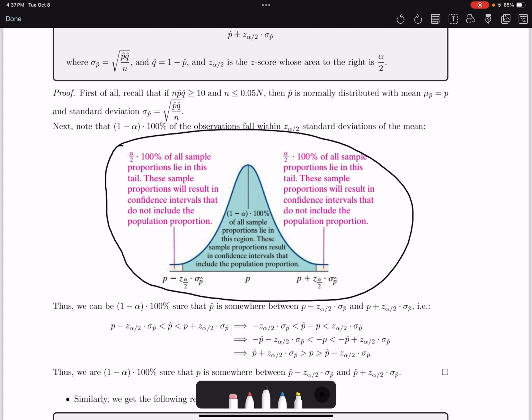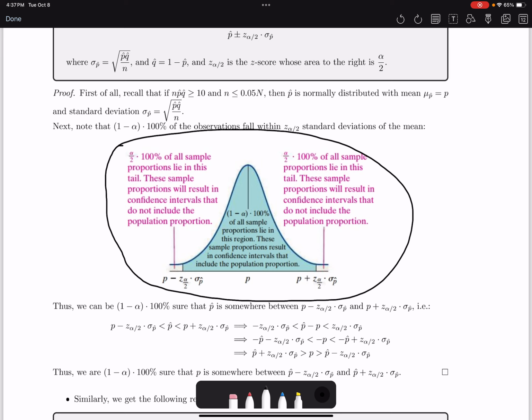Okay, we know that 1 minus alpha times 100%. Let's put a number to this, right? Let's say that we want a 95% confidence interval. Okay.